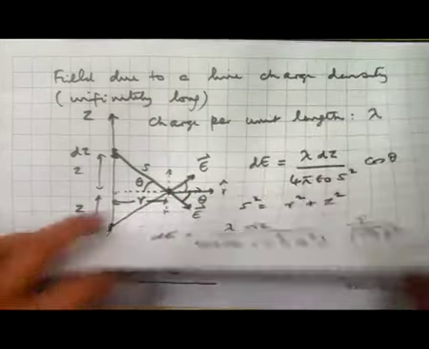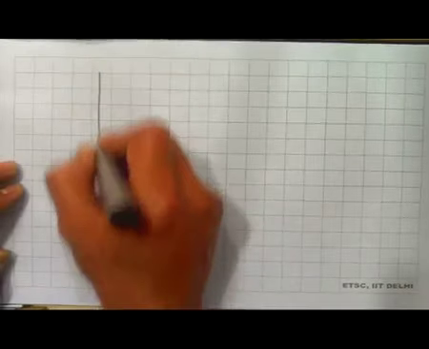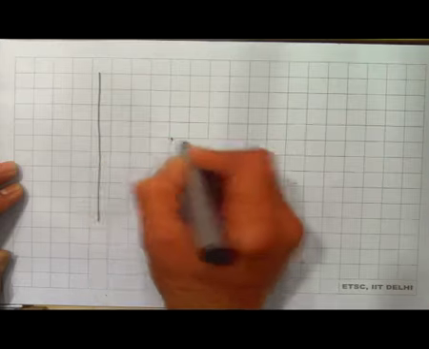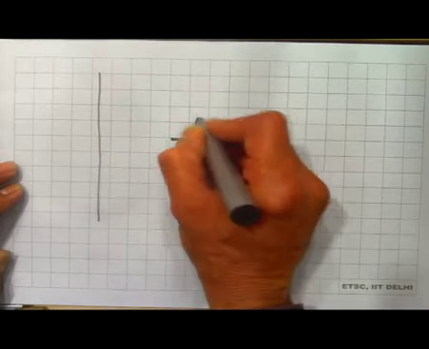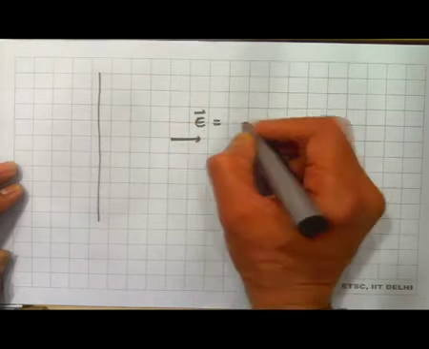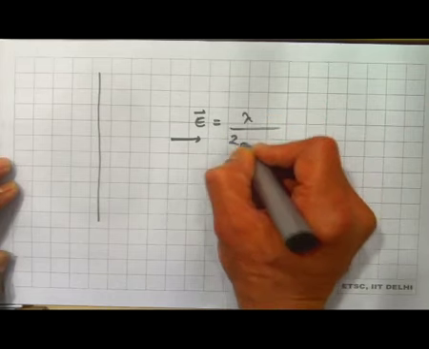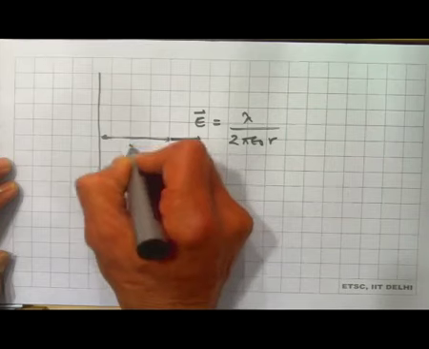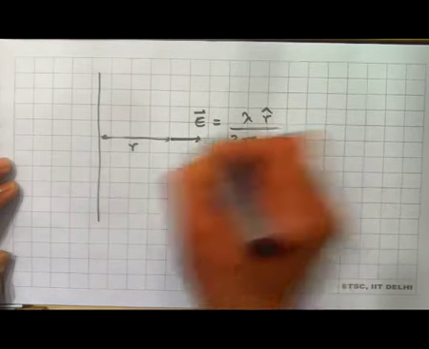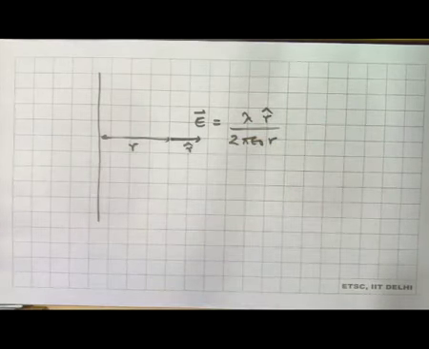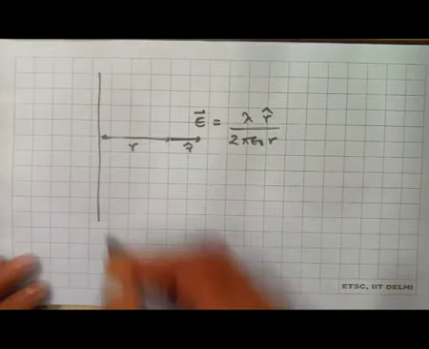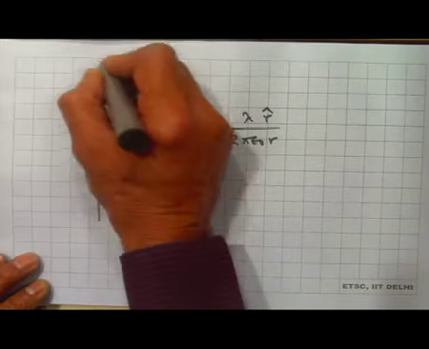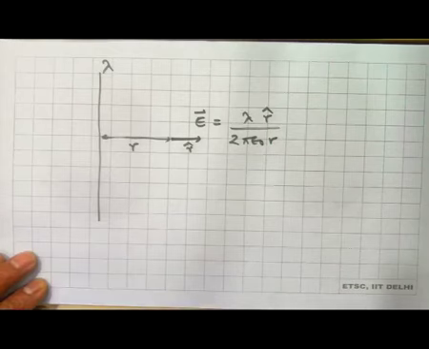So, the electric field produced by an infinitely long line charge distribution at this point will be like this, and E is equal to lambda by 2 pi epsilon 0 r, where this distance is r and this will be r cap. And this is the line charge distribution with charge per unit length as lambda.